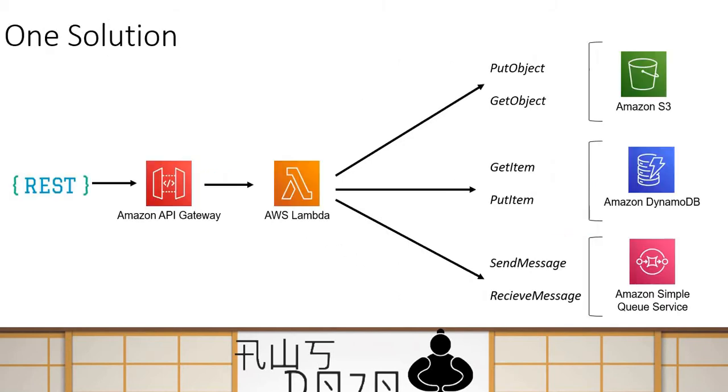Now, one solution is that you create a REST API in API Gateway, and then that API Gateway can call a Lambda function, and then this Lambda function can use your AWS service API to call this put or get or send message kind of operations. This is a working method, but the challenge here is that this Lambda function is doing nothing.